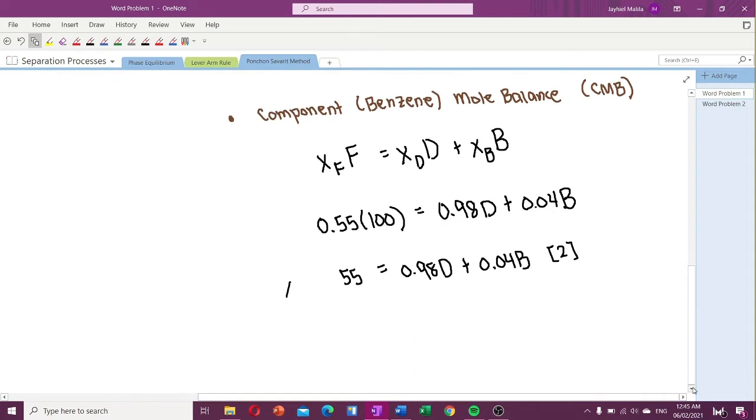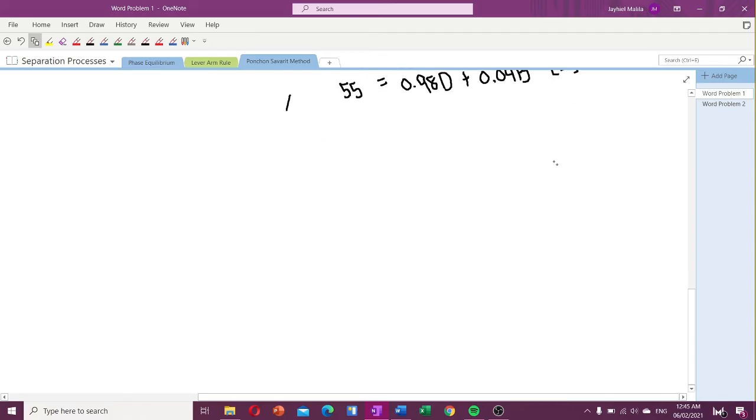So my answer for this one is, the value of my distillate is 54.26 kilomoles per hour, and my bottom stream is 45.74 kilomoles per hour.